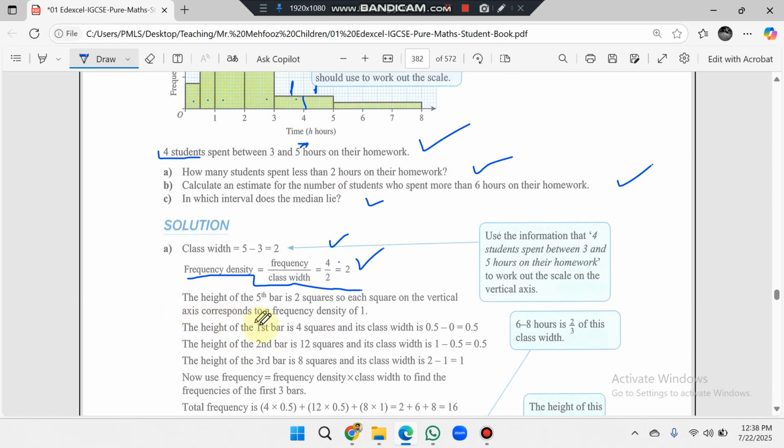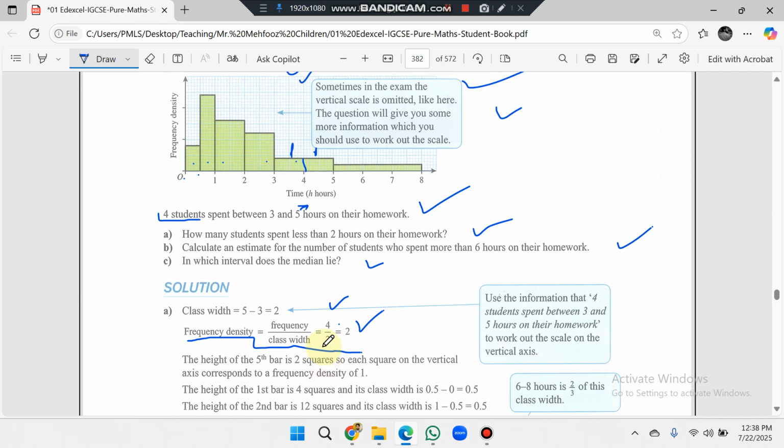The height of the first bar is 4 squares and its class width is 0.5 minus 0, because it is from 0 to 0.5. So its class width will be 0.5 minus 0, that is equal to 0.5. The height of the second bar is 12 squares, right?